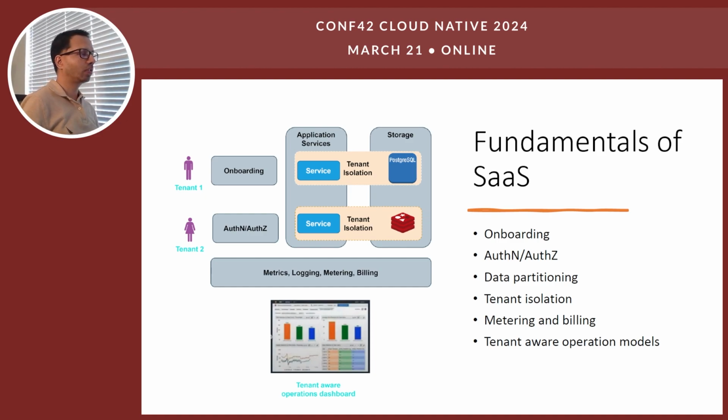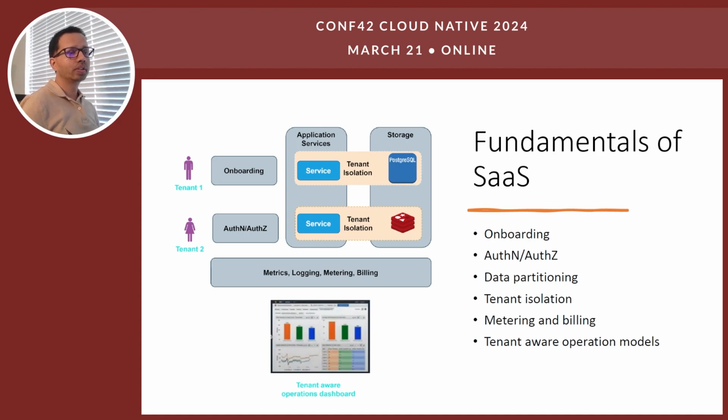As you can see on my screen, I'm showing a few gray boxes. Let me quickly go through them. The first important part of any SaaS application is onboarding: how the tenant is introduced into your environment, how the infrastructure is provisioned, and how the tier selection happens for billing.